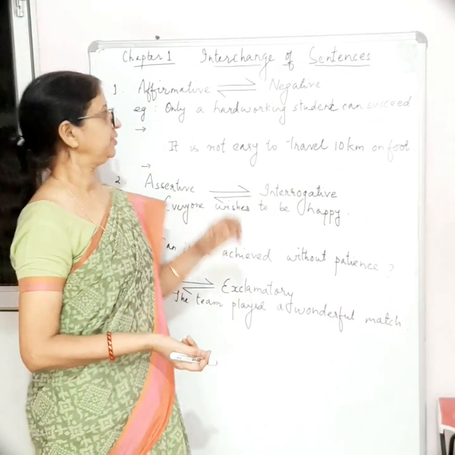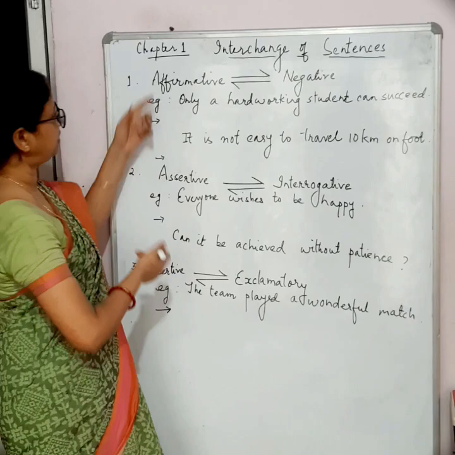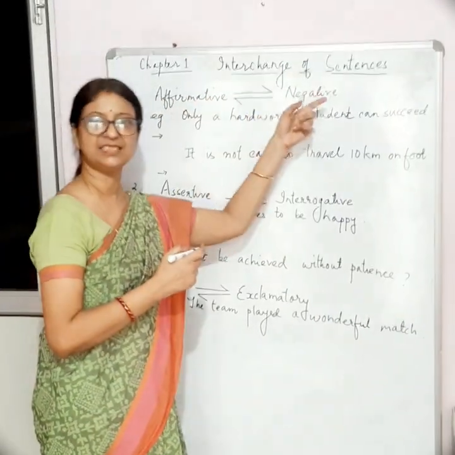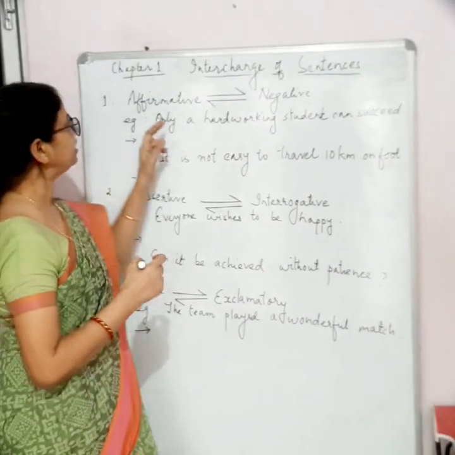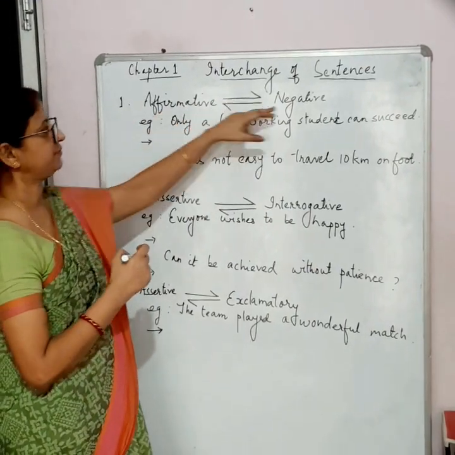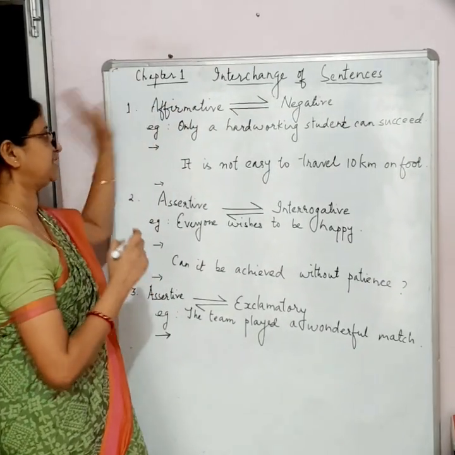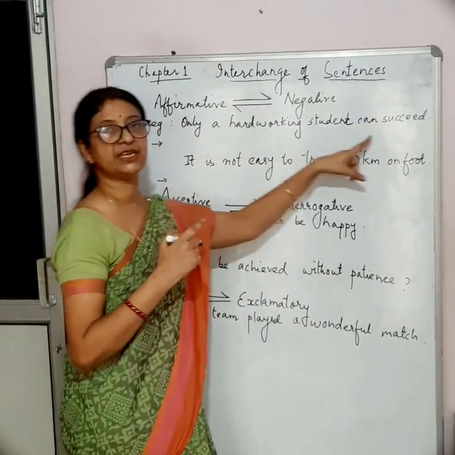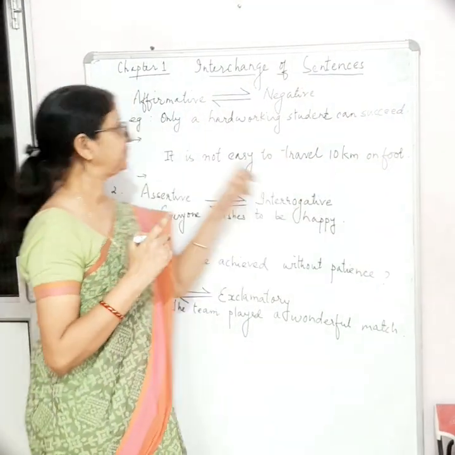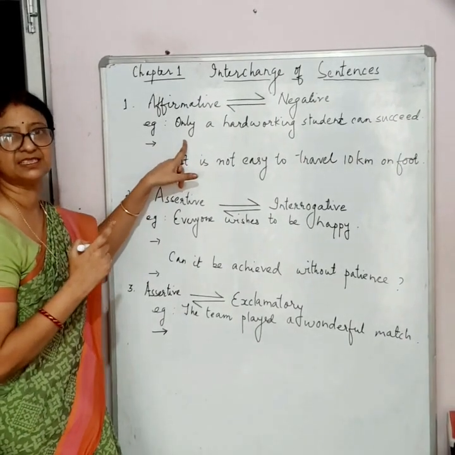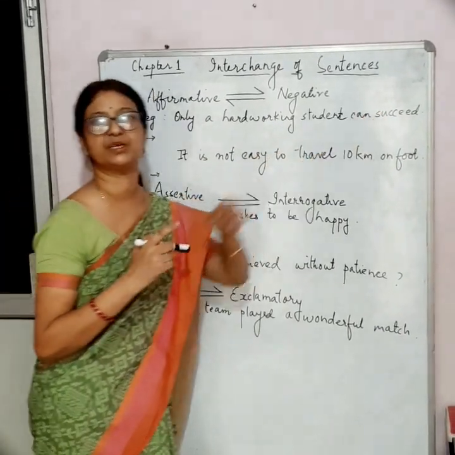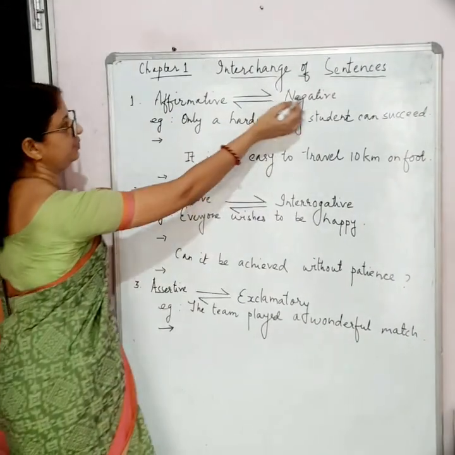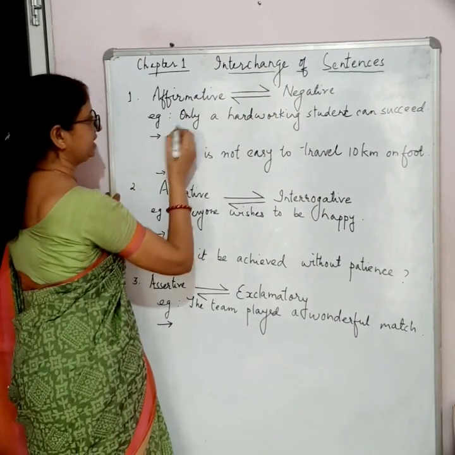As I said, all these sentences can be affirmative as well as negative. Okay, so here we are transforming affirmative to negative and vice versa. First example, only a hard-working student can succeed. This is an affirmative sentence. So, we are going to change it to negative.